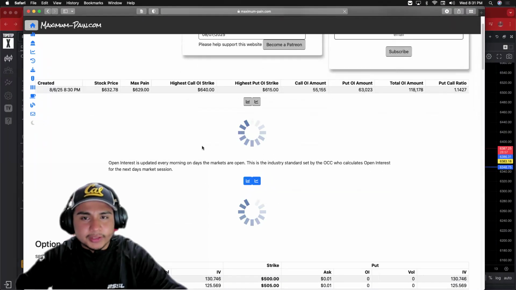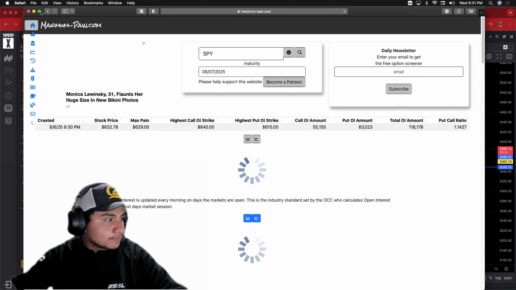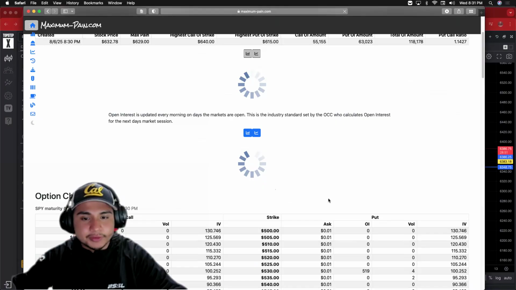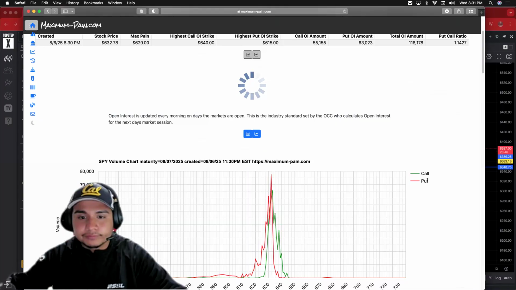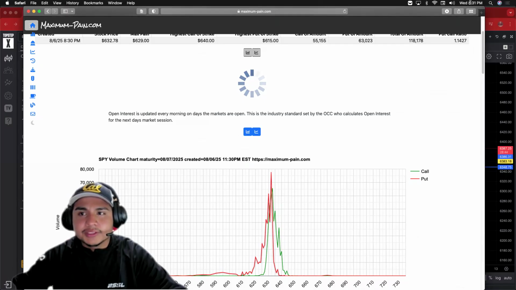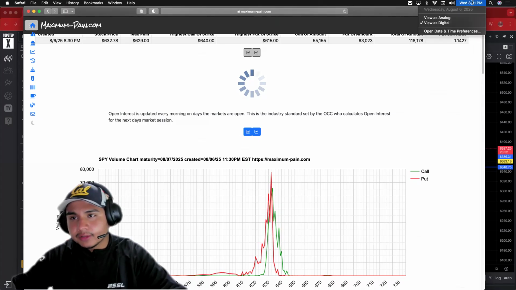All right, SPY opened up. Let's see what we can find here. Oh wow, is this today? Hmm. All right, SPY volume chart, maturity August 7th. It's currently August 6th, so make it make sense.